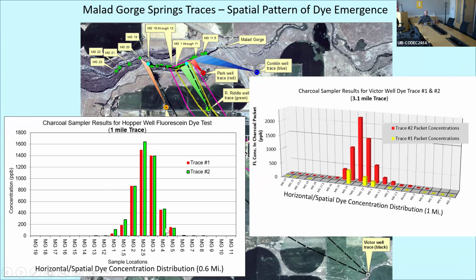On the left is the same thing, but I think we used the same amount of dye, if I recall. As you can see from trace 1 and trace 2, red to green, they're almost identical results, along with zeros lateral. This is over a ½ mile distance left to right, and a nice normal shaped breakthrough curve response horizontally in the springs.